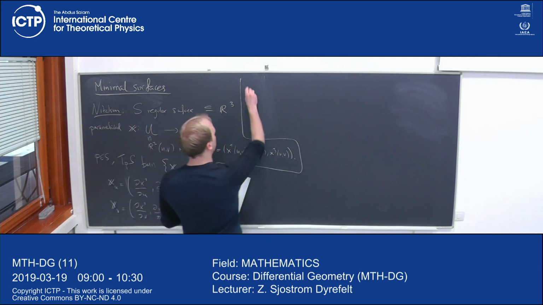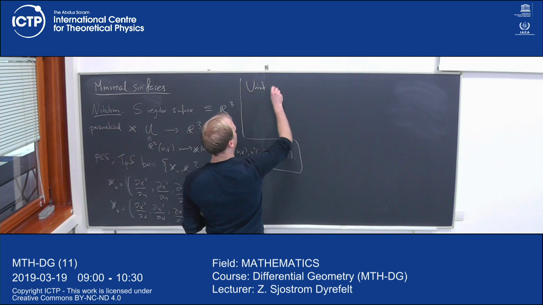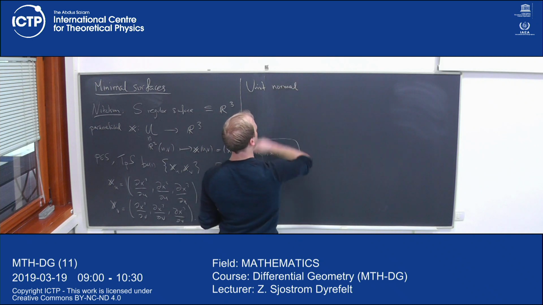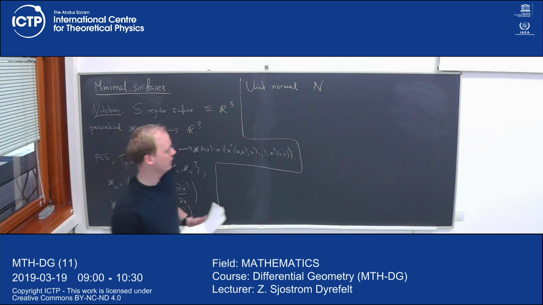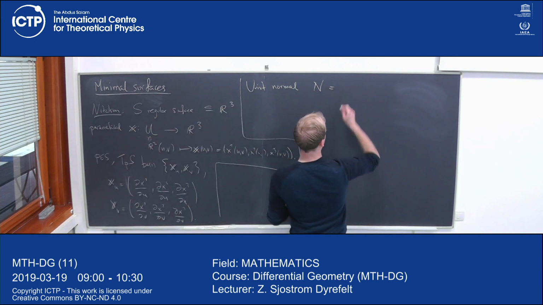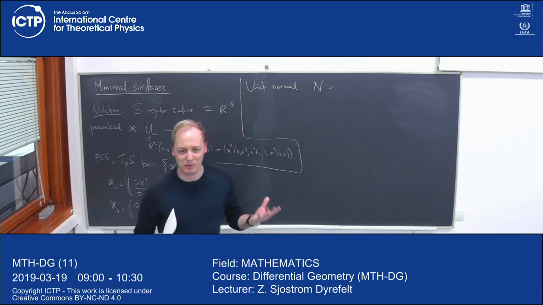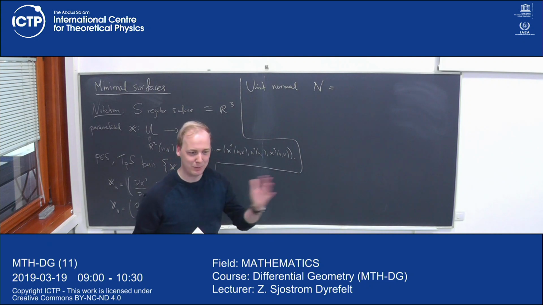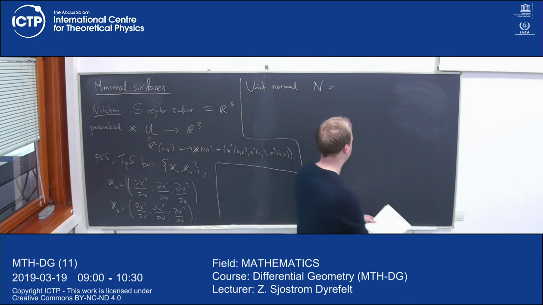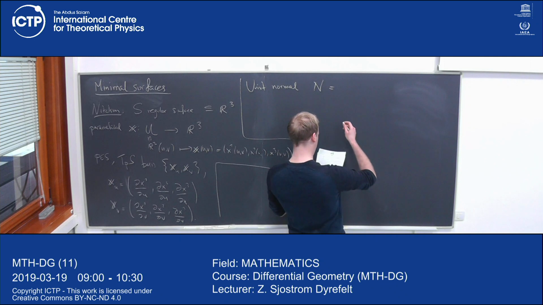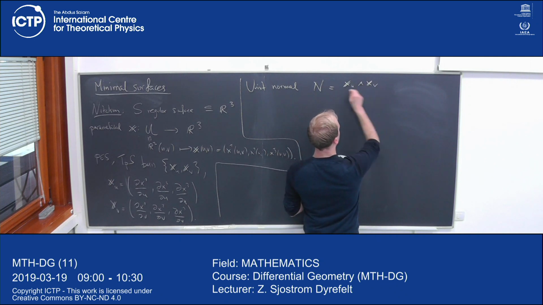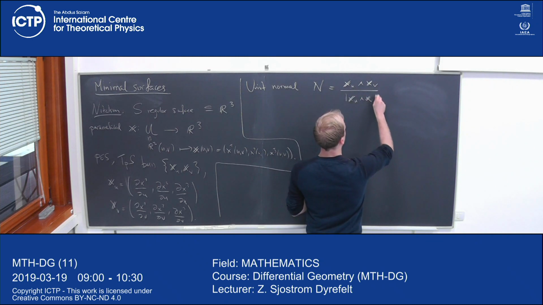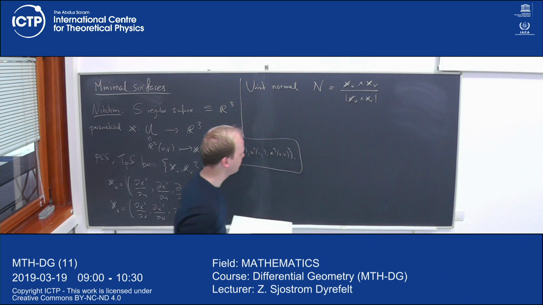Then you also have the unit normal vector, which I will denote by capital N. So I can also just quickly do the favor of doing a recap of the past 6 lectures in 5 minutes, just to get all these notations in place. So this is the cross product of XU and XV, and then we normalize it, dividing by the length of this vector.